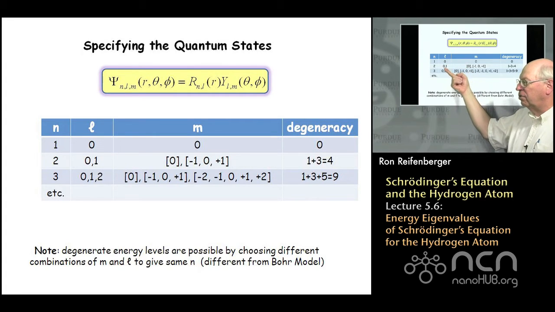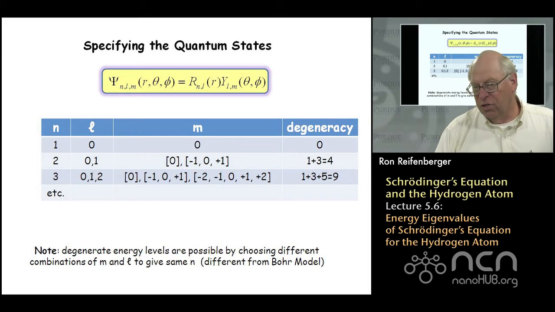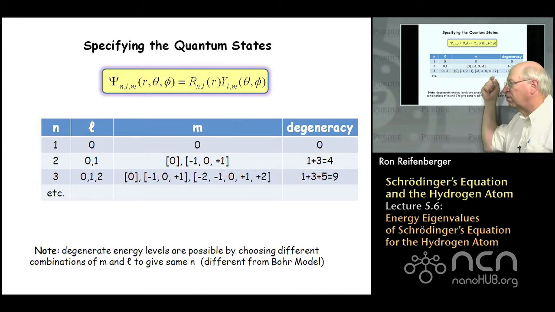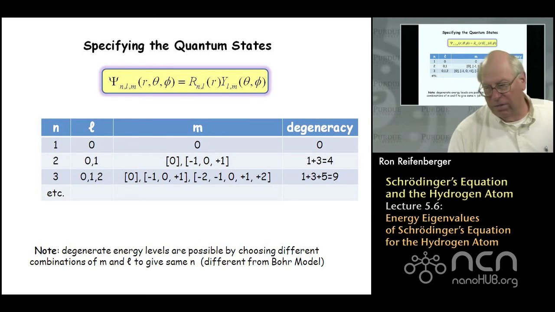I list the values of script L that are consistent with the particular choice of N. And then I also list the values of small m that are consistent with the different values for script L. This chart illustrates some interesting differences between Bohr's model and Schrödinger's model. And one of those differences is referred to as the degeneracy of each quantum state.